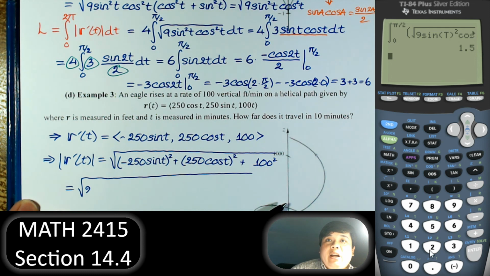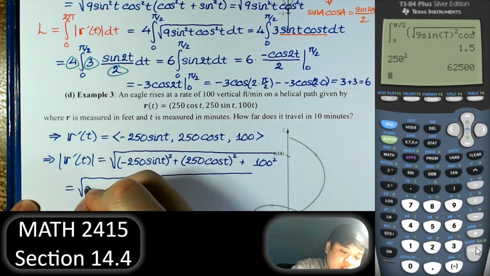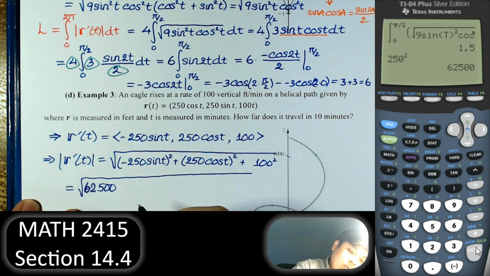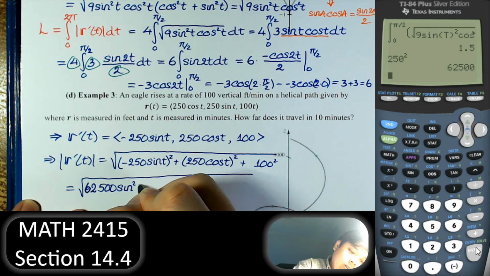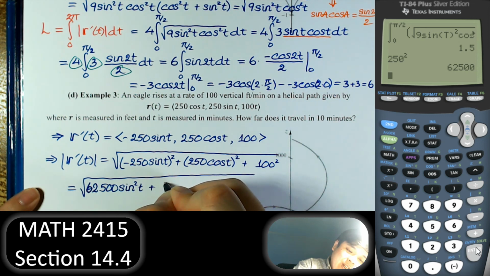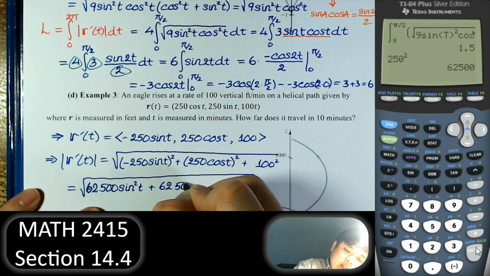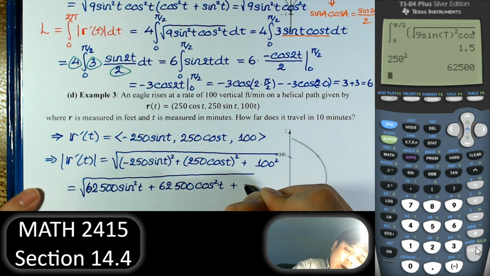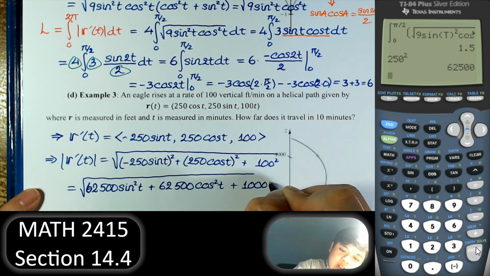250 square is 62,500 sine square, 62,500 cosine square, 100 square, 10,000.